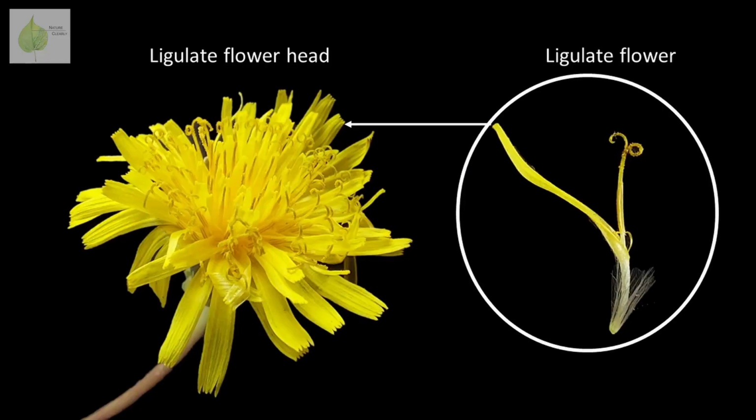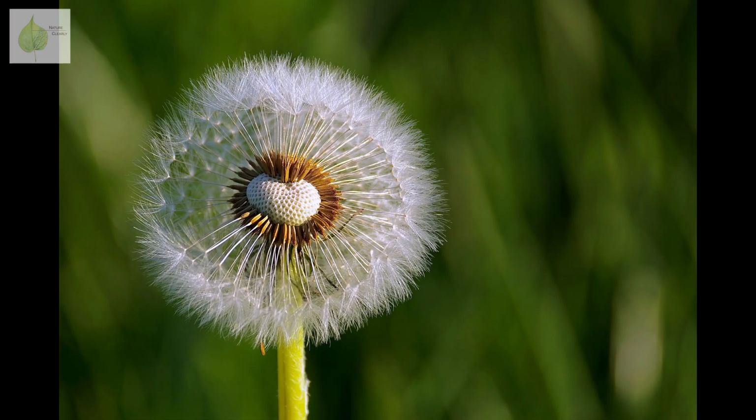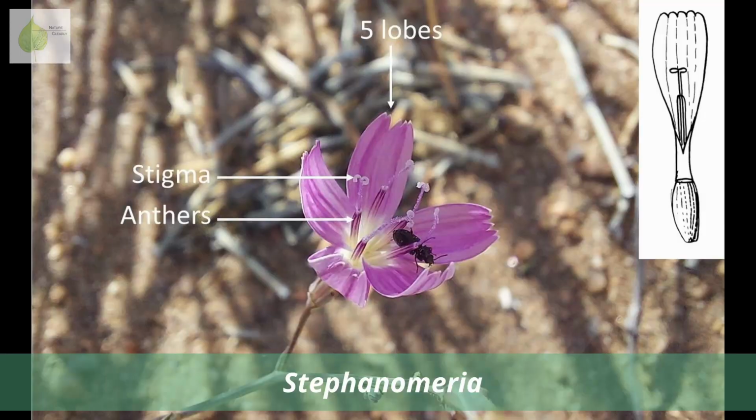All of their flowers are ligulate, and every one of them turns into a seed. Think about those fluffy seed heads you've probably all seen at some point in your life. Each seed originated from one flower. I also want to show you a picture of Stephanomeria, which also has ligulate flower heads, and you can actually see both the stigma and the column of anthers very clearly here.